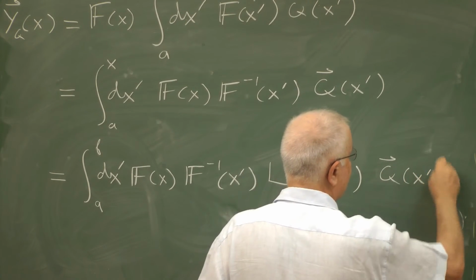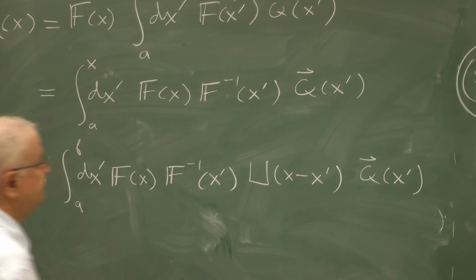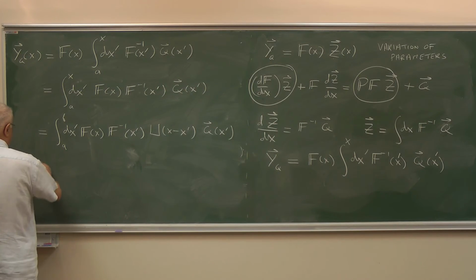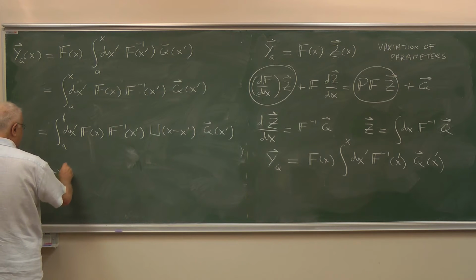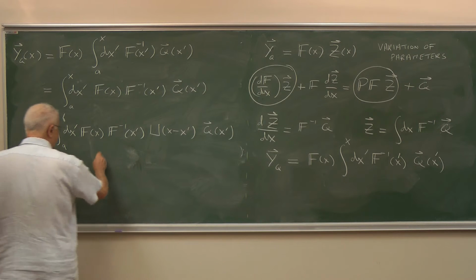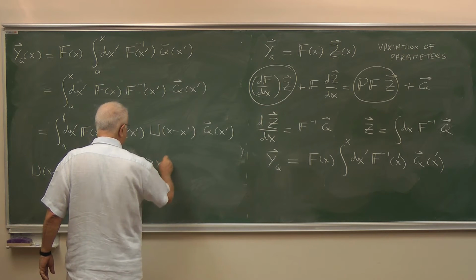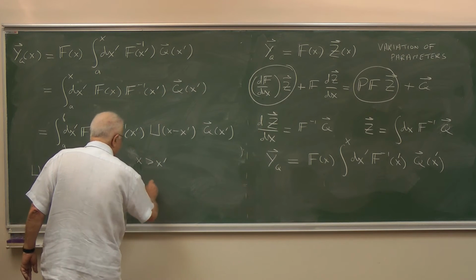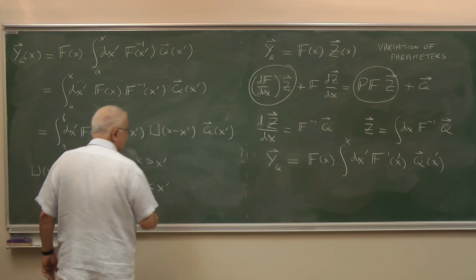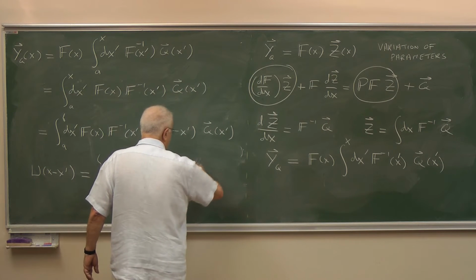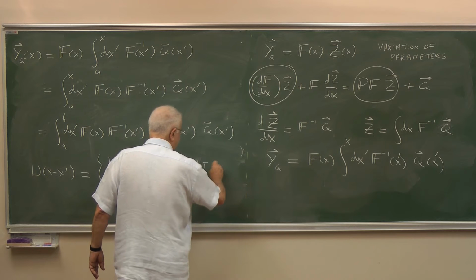The inhomogeneous vector q of x prime. Now, u of x minus x prime is 1 if x is larger than x prime. It is 0 if x is less than x prime. It is the so-called unit step function.